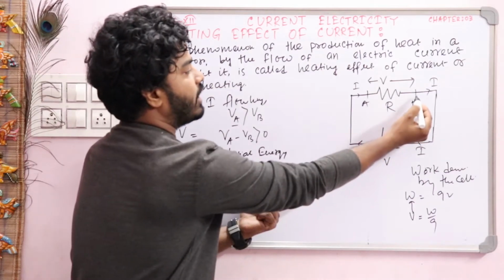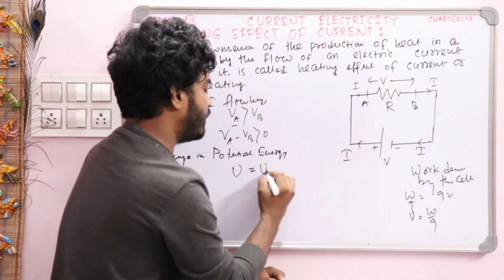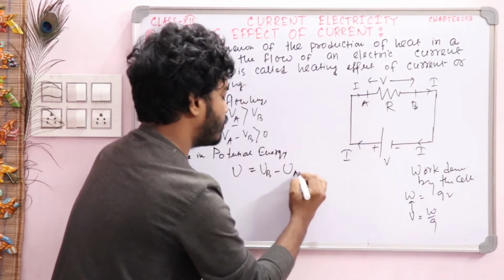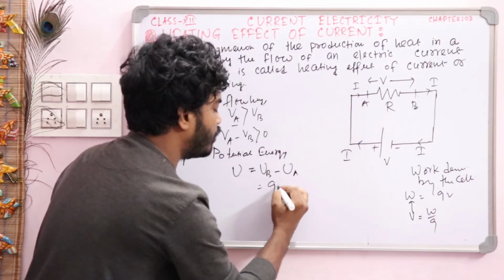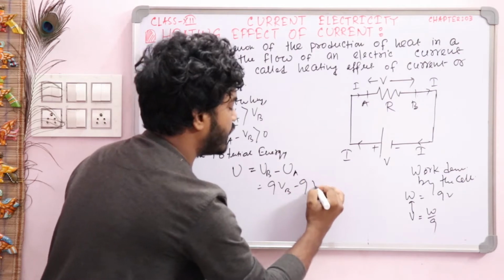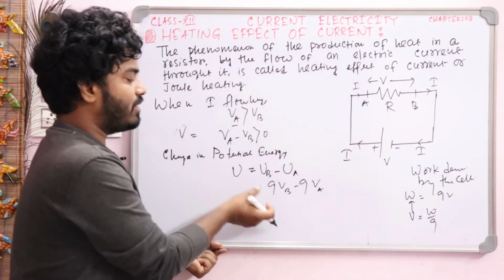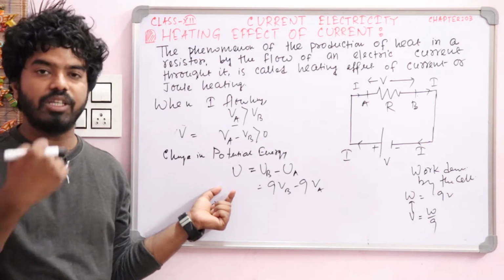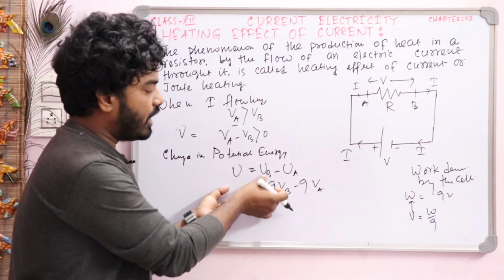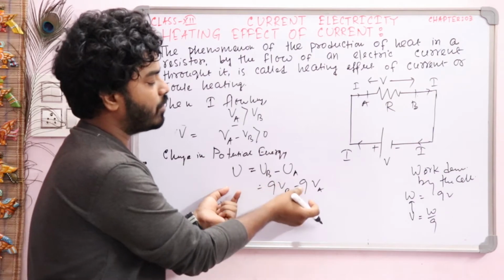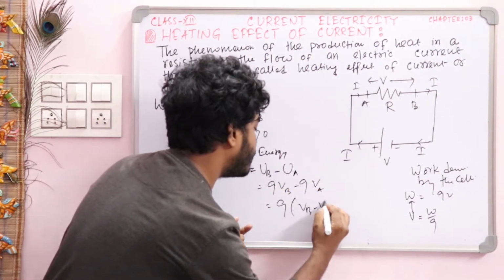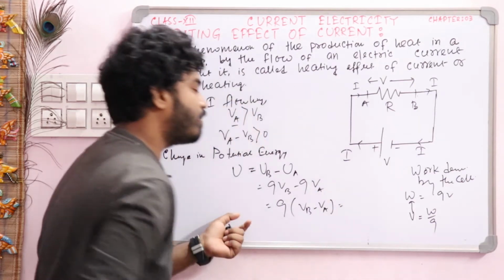Here the final point is UB, minus the initial point, that is UA. So UB, that means Q into VB, minus UA, that is Q into VA. What is U? U is the potential energy. The basic formula of potential energy is charge into potential. So at point B, Q into VB, and at point A, Q into VA. So take common Q, VB minus VA. Now what is VB minus VA?